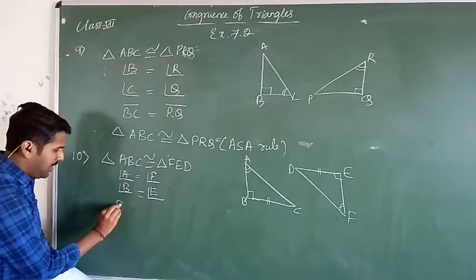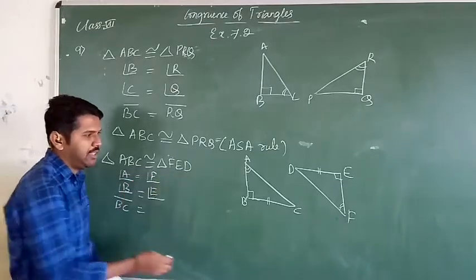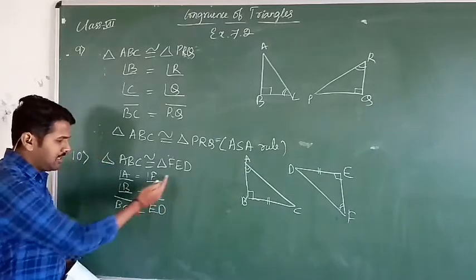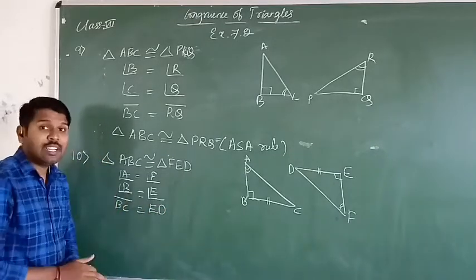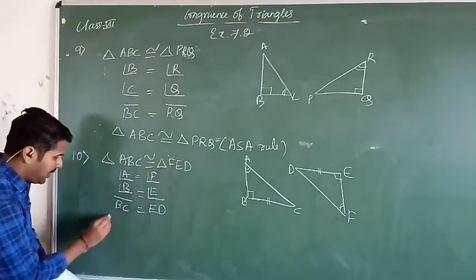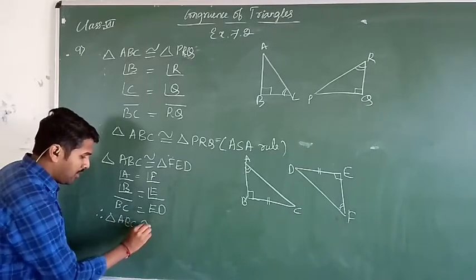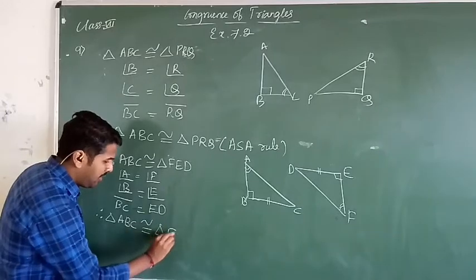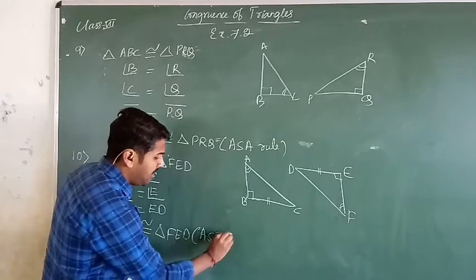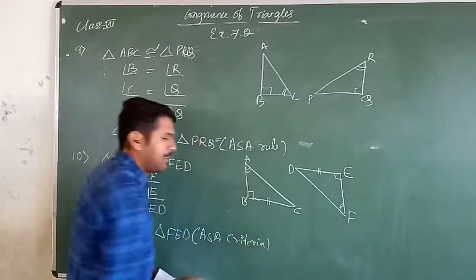BC equals ED. That means which criteria have we used? Two angles and one side. Which criteria? ASA criteria. Therefore, triangle ABC is congruent to triangle FED by ASA criteria. Okay.